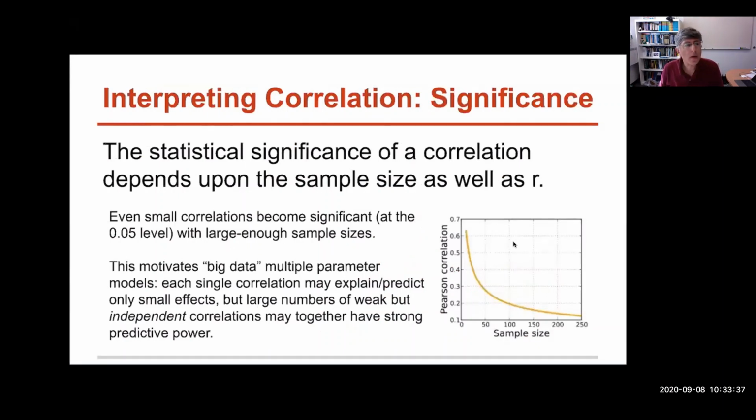The other question that comes up, which is sort of orthogonal to predictive power, has to do with this idea of statistical significance. We will talk more about statistical significance in a small number of weeks, okay?